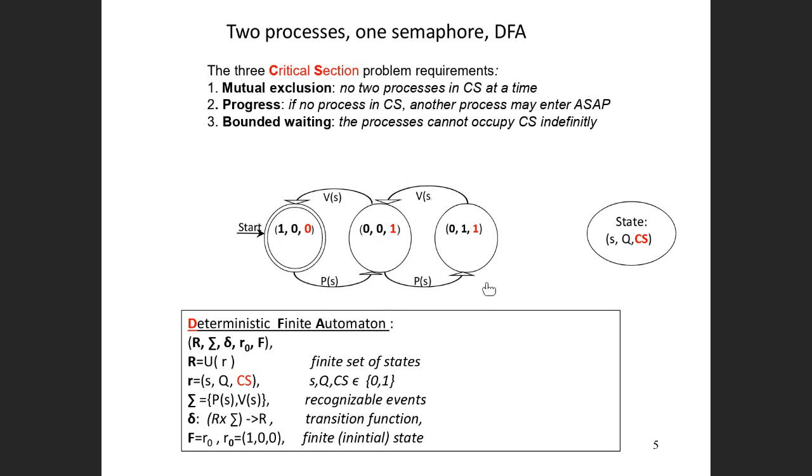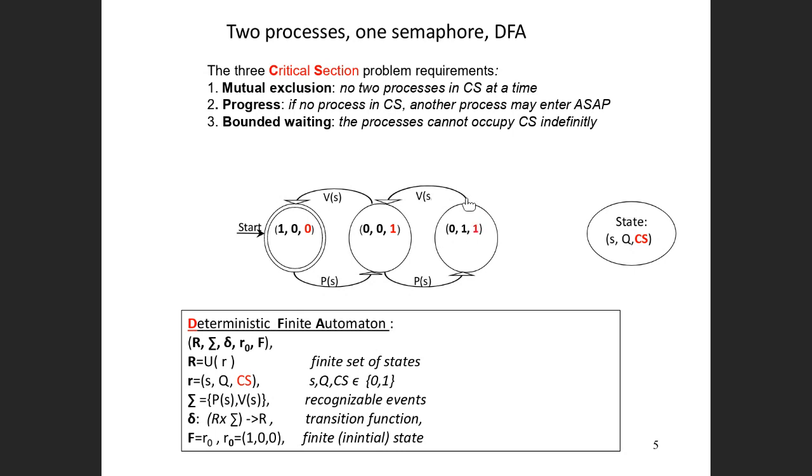So we have 1 process in the queue, and the state is 0,1,1: 0 for the semaphore, 1 for the queue, and the third one for the critical section. Now, because we have only 2 processes, all we can have now is 1 process leaving the critical section.